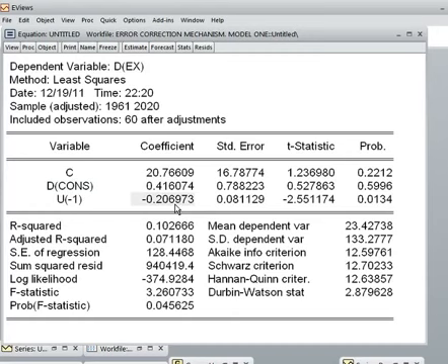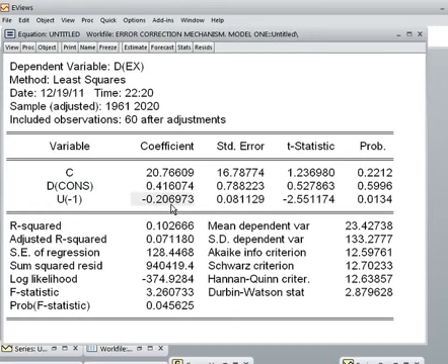That is her task. That is her job. Here, the speed at which she is correcting disequilibrium is 20.69% annually.